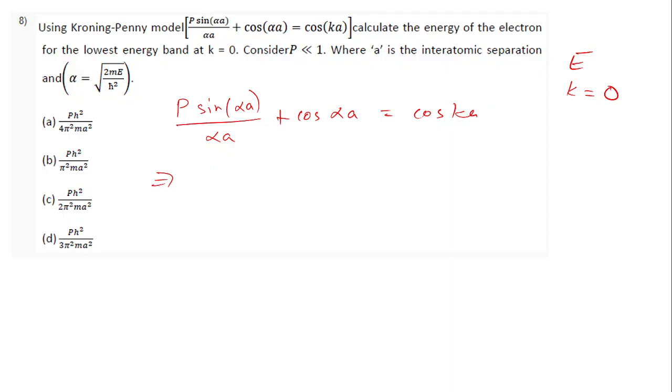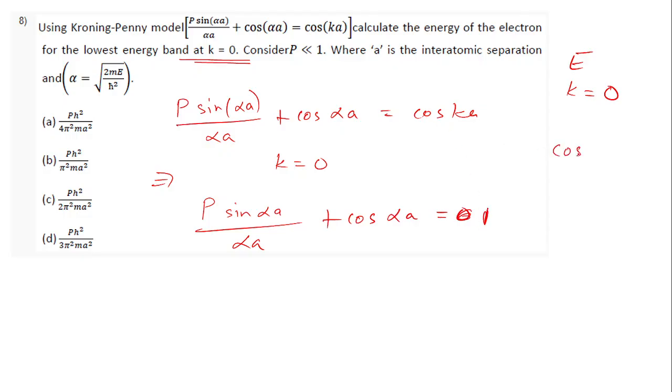Because we have to find out the energy when k is 0, when we put k equal to 0 in this equation, it will become P sin(alpha a) divided by alpha a plus cos(alpha a) is equal to 1, because cos 0 degree is 1.